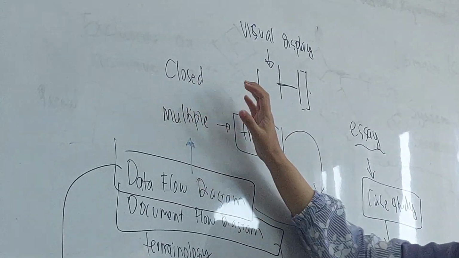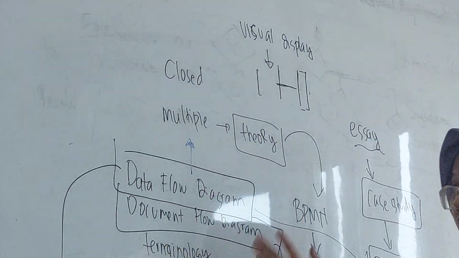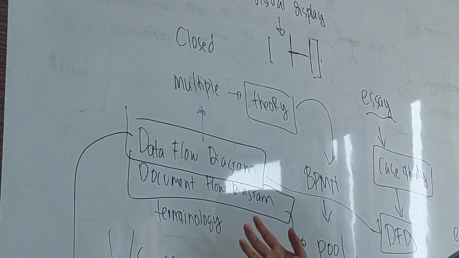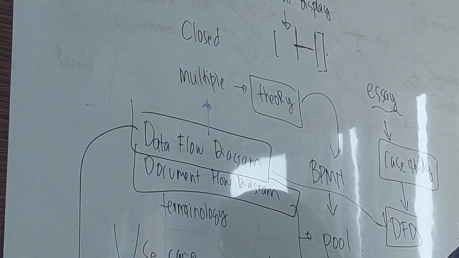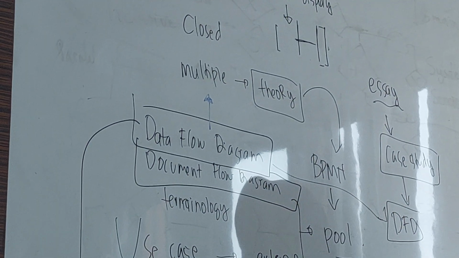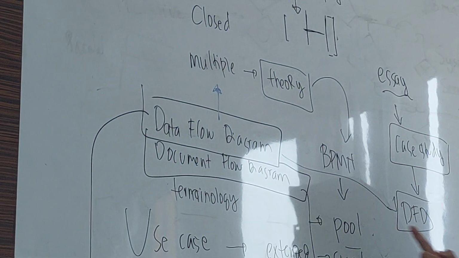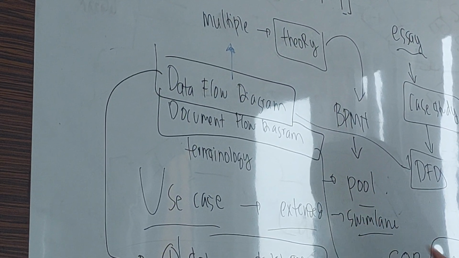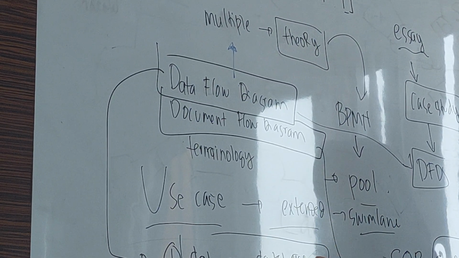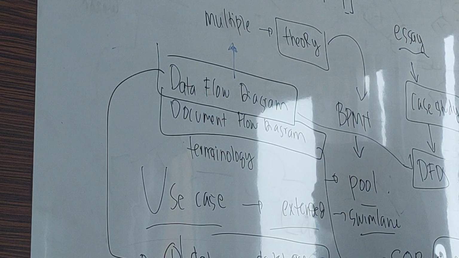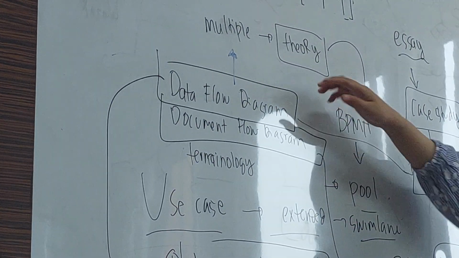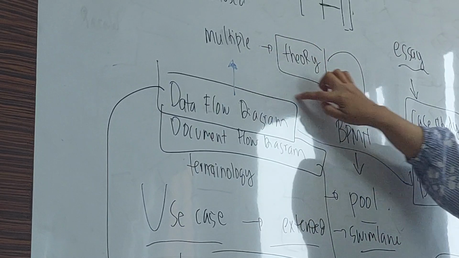If multiple choice, then maybe a theory about data flow diagram, about terminology like black hole and miracle, and for the BPMN we have swim lane and pool, and then for use case extend, like that. For database, maybe package data, you must know about it, and maybe multiple choice.